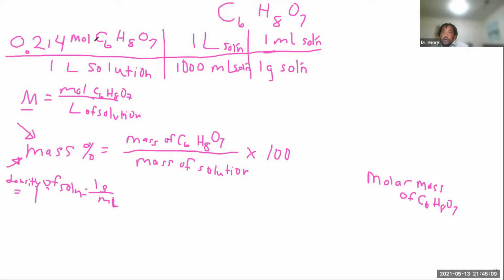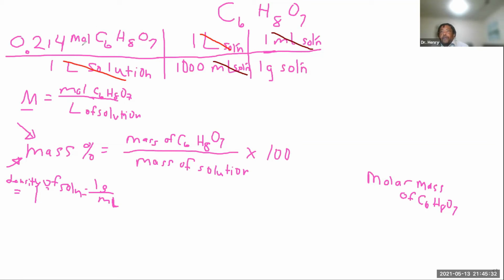So this cancels out with this, and this cancels out with that. Now we have moles of citric acid over grams of solution.